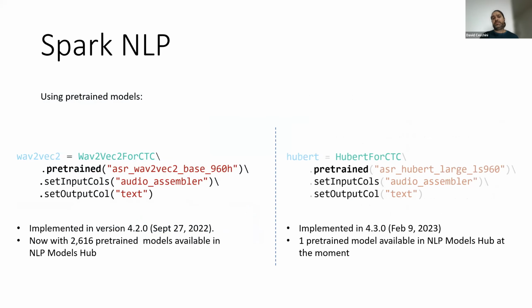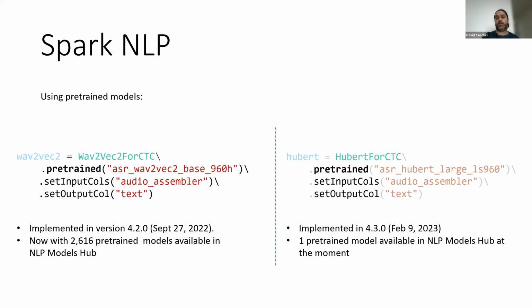So for automatic speech recognition, how to use it, we don't have the approach annotator to train a new custom model, but we have the pre-trained models. So for Wave2Vec, which was implemented in September last year, we already have more than 2,000 pre-trained models. And for Hubert, it was implemented in February this year, so we only have one model pre-trained.